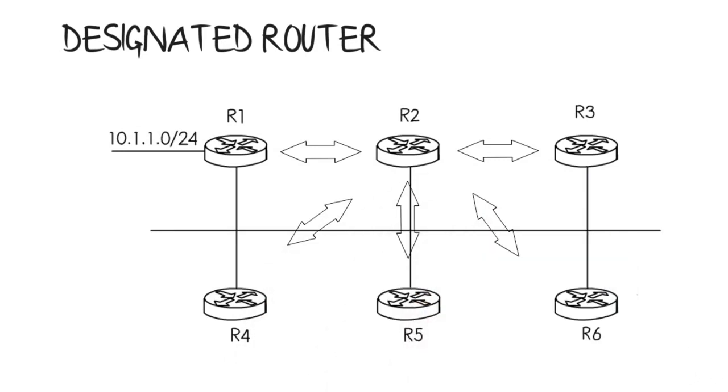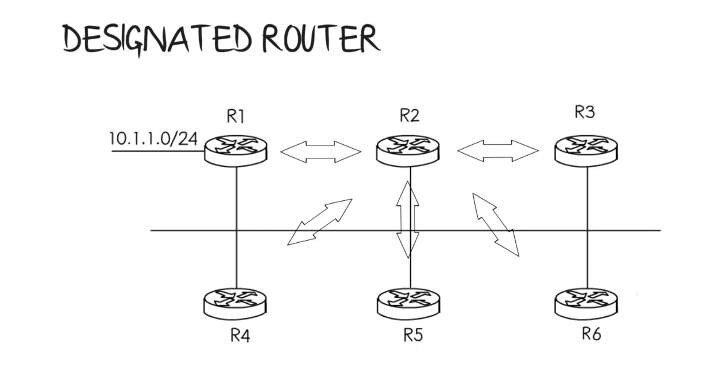It's important to realize that only the designated router and backup designated router will have full relationships to all the other routers. So for instance, router 4 and router 5 will only have a state known as two-way. In two-way, they know about each other, but no updates will be exchanged between the routers.